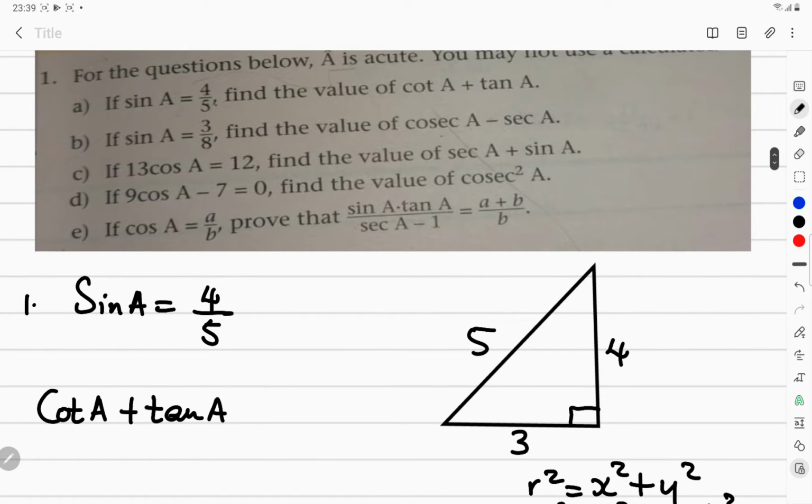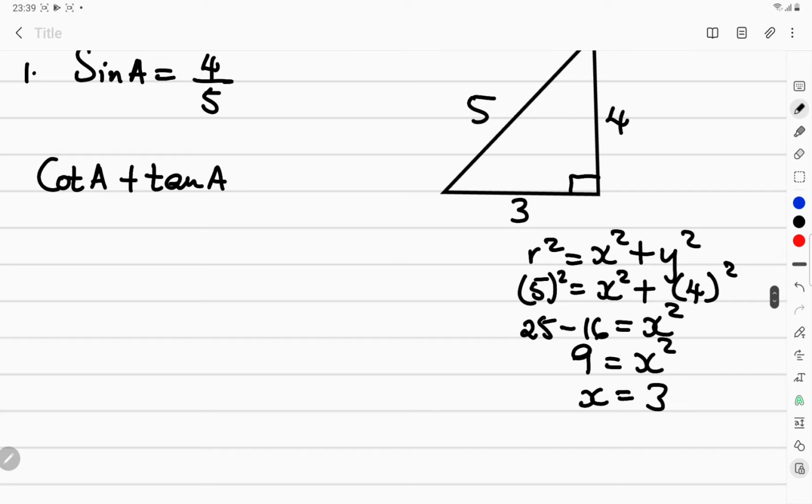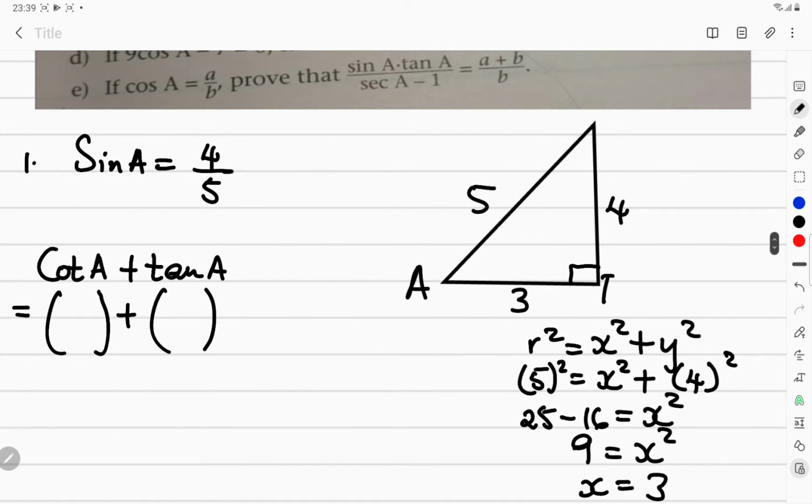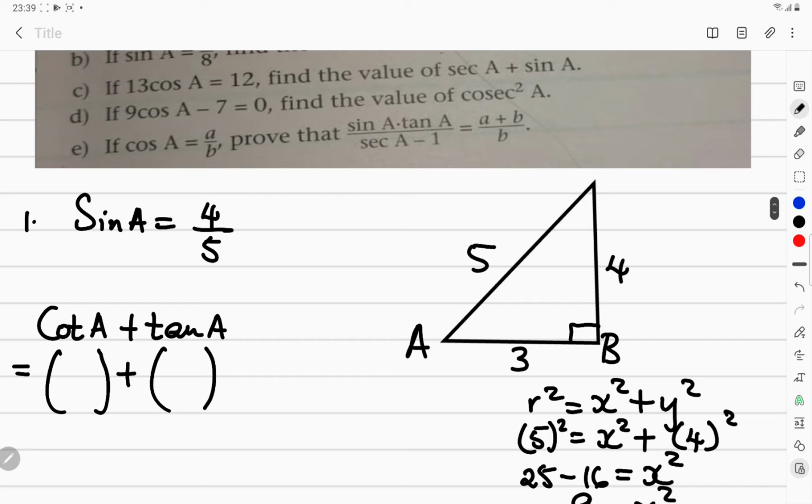Cot A plus tan A, as you can see here. Then we need to substitute. Let me write A, B, and C here.